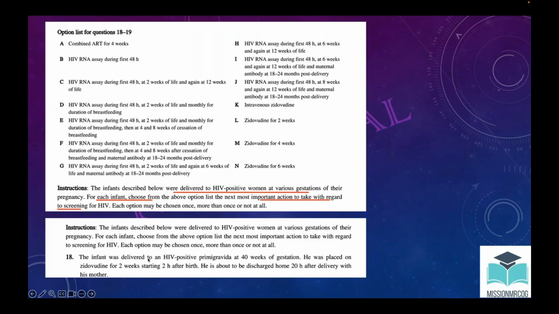So an infant delivered to an HIV positive mother at 40 weeks was placed in special care for 2 weeks. Now she is discharged 12 hours after delivery with the mother.